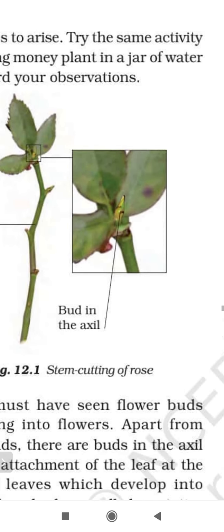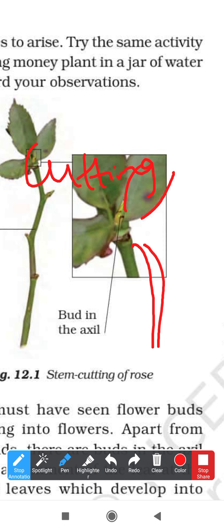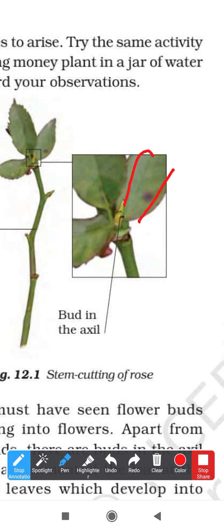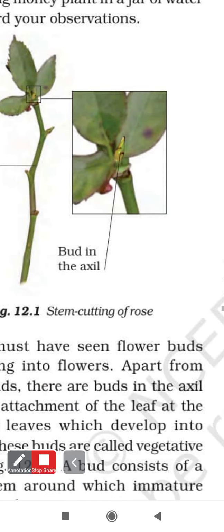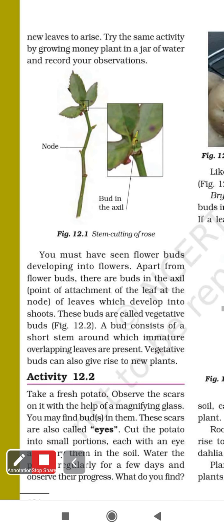So it is a leaf part, right, and here it is a stem part. Here one axil will grow, right? So this part, this highlighted part I have shown is the axil, right? Here the bud will grow, it is the axil part where the bud is growing, right?